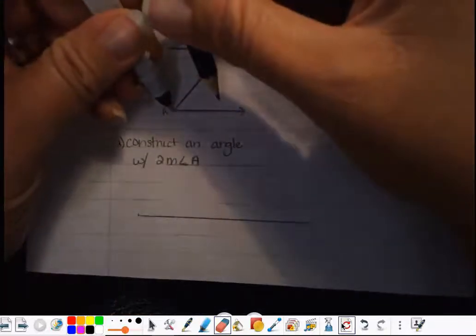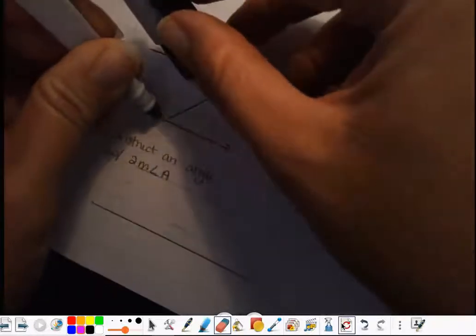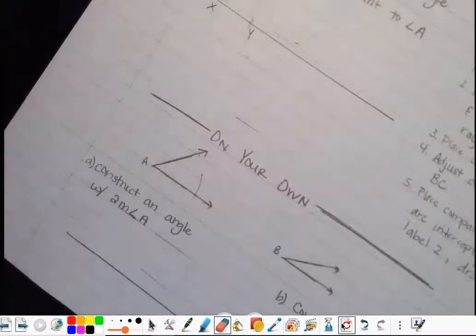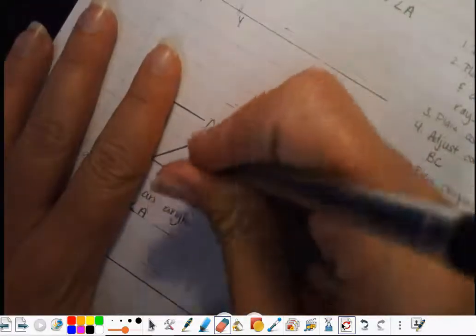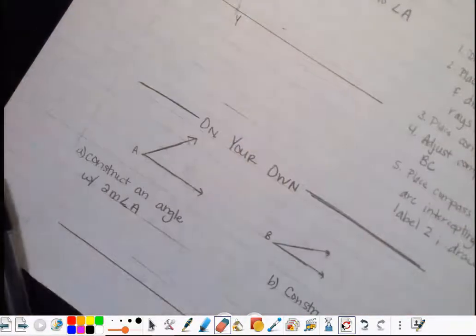I'm going to make an arc on angle A that intersects both of these lines. I'm going to have to see if I can use this other compass.